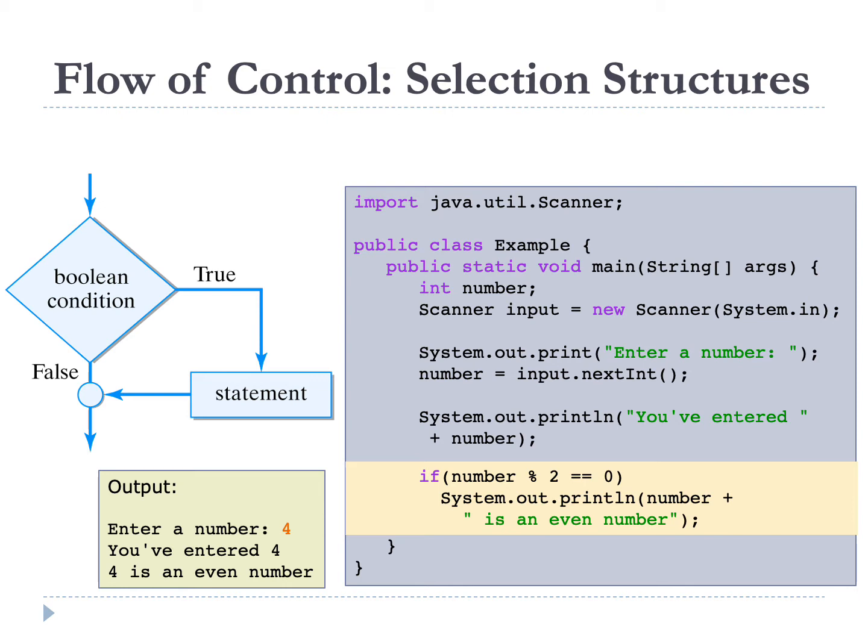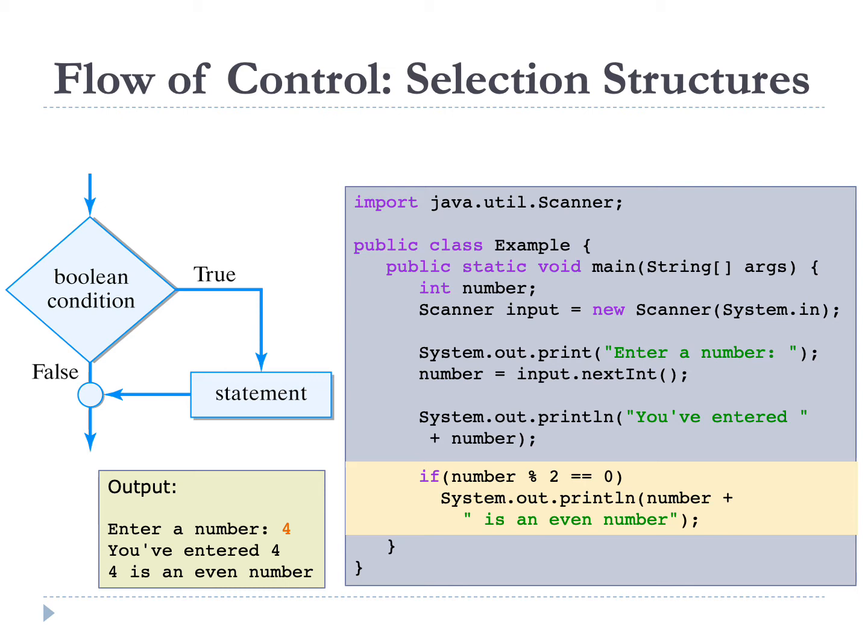So basically at this line, we are saying that if the number that the user entered has the remainder of 0, which means that this condition is true, it will do the system.out.println and print the number, and the sentence is the number is an even number. If this condition is false, meaning that number modulus 2 gives the value of 1, it doesn't display anything on the screen and ends the program.